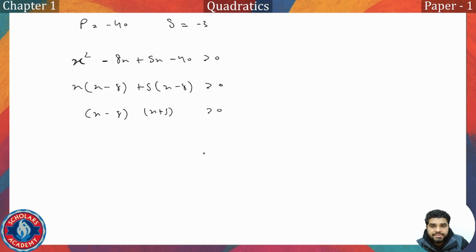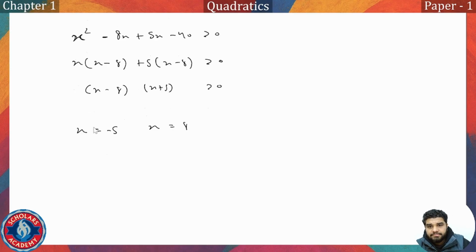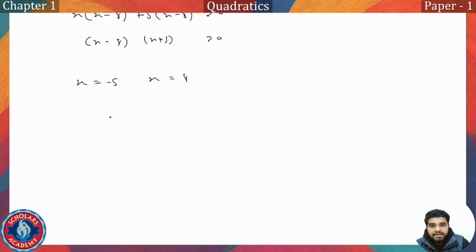If I check zeros over here, I get x = −5 and x = 8 as zeros. So −5 and 8 break the real line into three intervals.